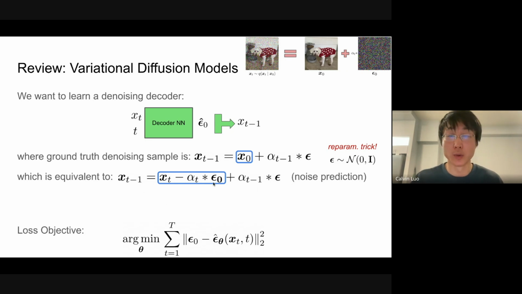But what you do not know was the source noise epsilon 0 that defined xt. So here, our objective is predicting an epsilon 0. If we have an epsilon 0, then we can go from xt to xt minus 1 by subtracting alpha t times that prediction plus alpha t minus 1 times our random noise sample. And that's our predicted xt minus 1. So is that clear? Yeah, thanks.